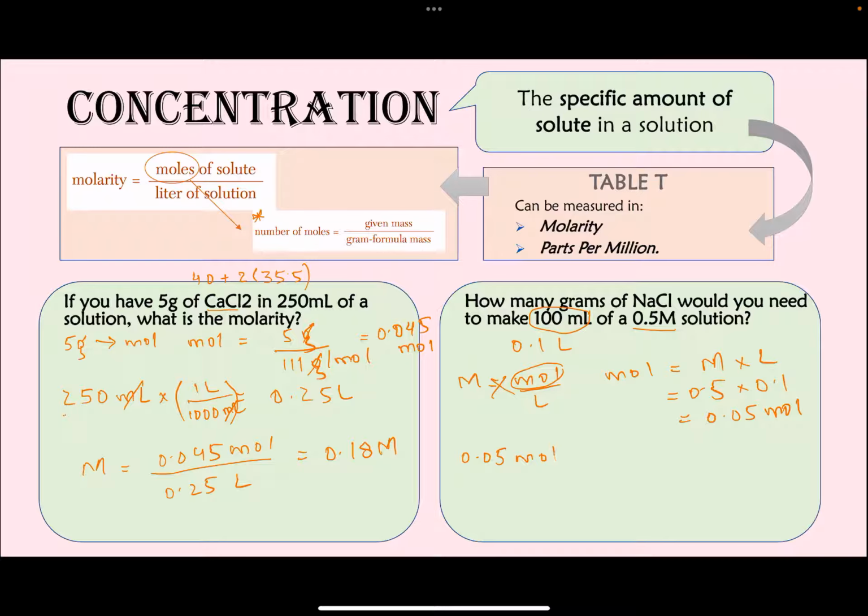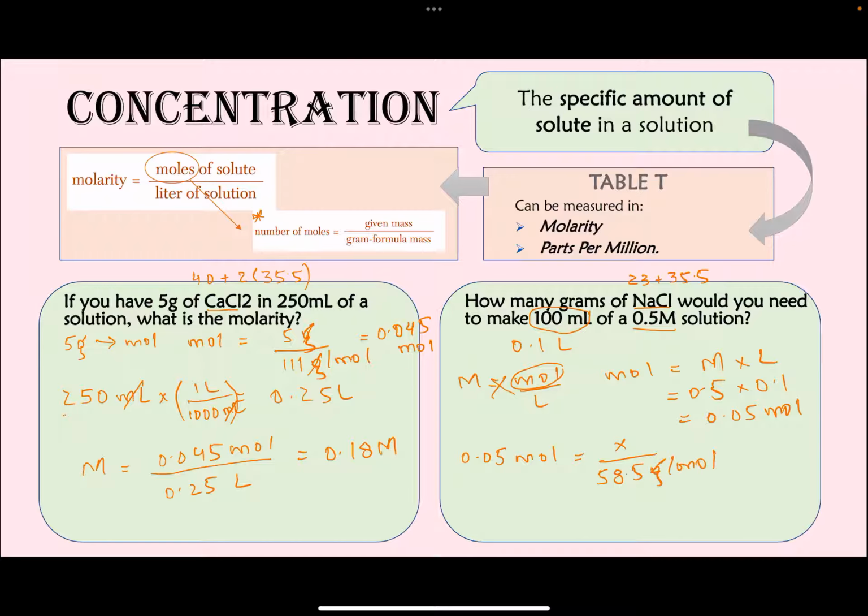So if we have 0.05 moles, given the mass we don't know, that's what we are calculating, so we can set that equal to x. And then for the gram formula mass of sodium chloride, sodium has a mass of 23 and chlorine has an atomic mass of 35.5. So when you add both of them, you get like 58.5 grams per mole.